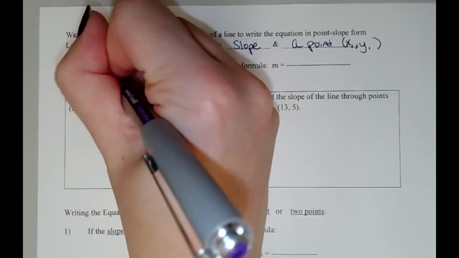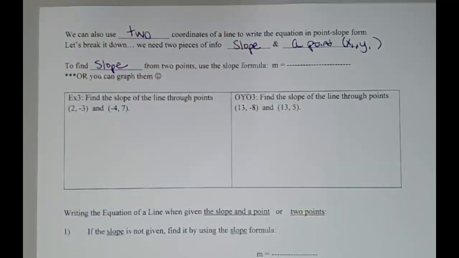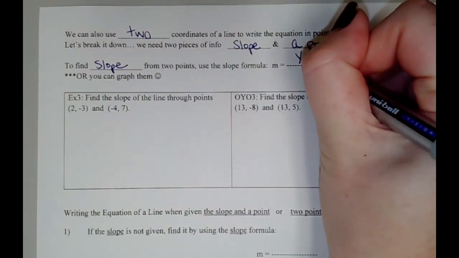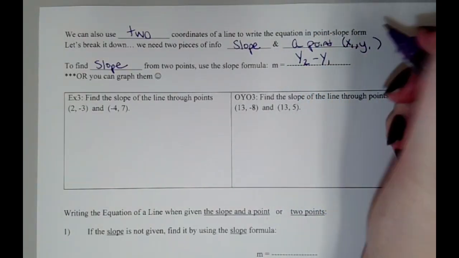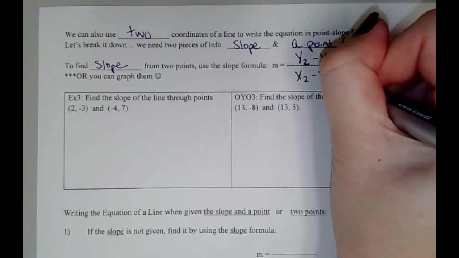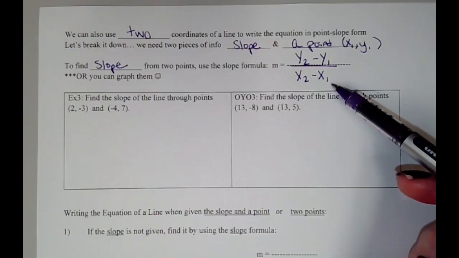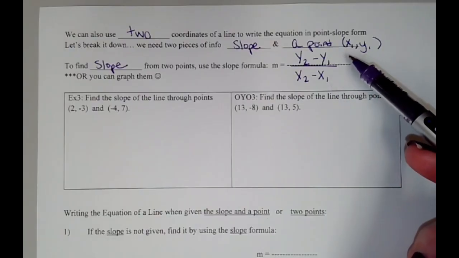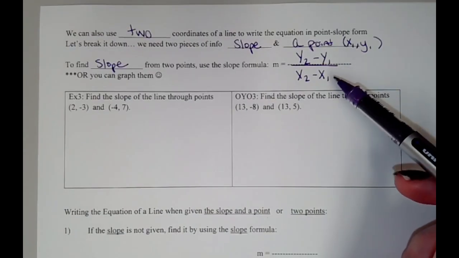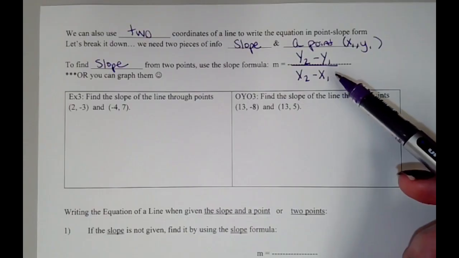To find slope, we're used to doing rise over run, but if you need to find slope from 2 points, we need to use what's called the slope formula, which is y2 minus y1 over x2 minus x1. So it is still rise over run because it's the difference in your y values, that's your rise, over the difference in your x values, that's your run.